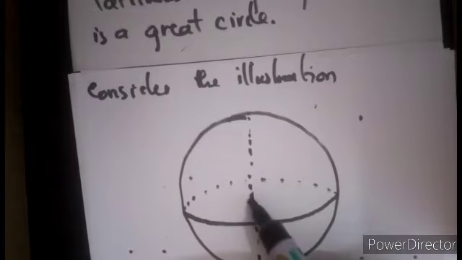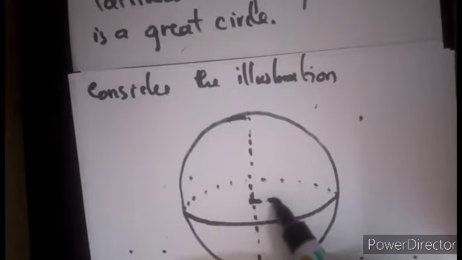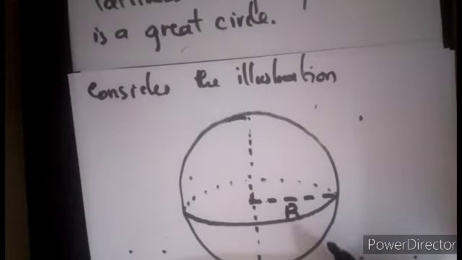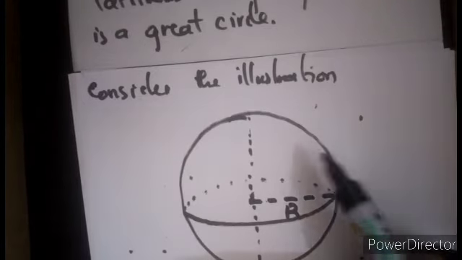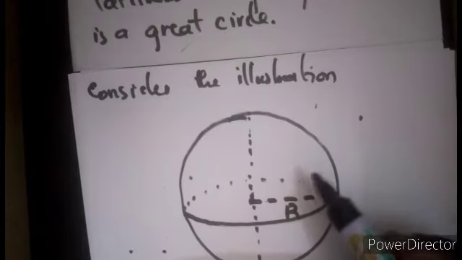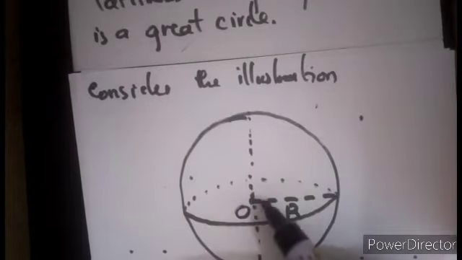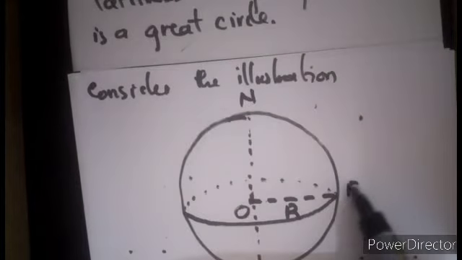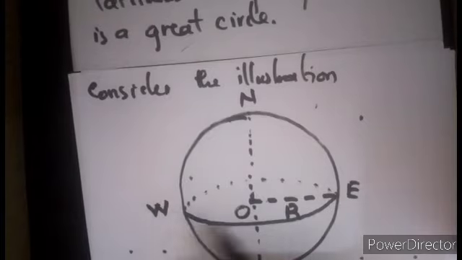From here to this point gives us the radius of the earth, right? Now if this is the center, let's call it O. This is the north, this is the south, east, and the west.